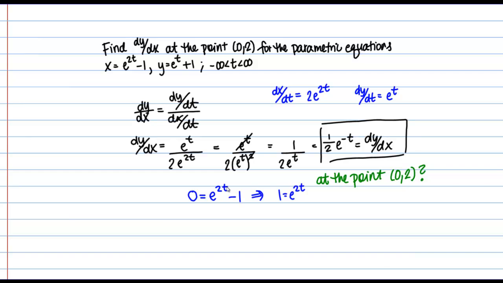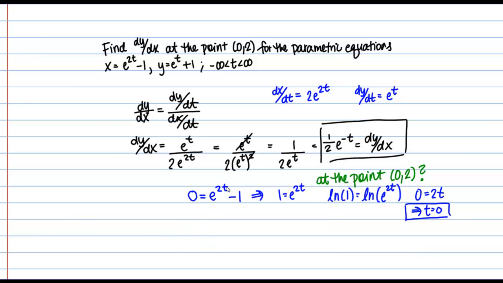I can take the natural log of both sides, and I get ln 1 = ln e^(2t). Now the natural log of 1 is just 0, so this gives me 0 = 2t, which tells me that t = 0.